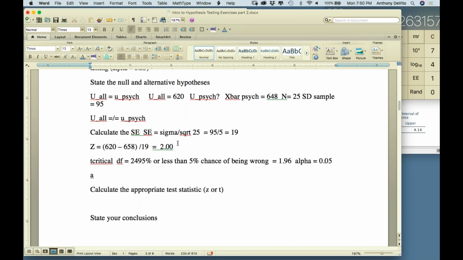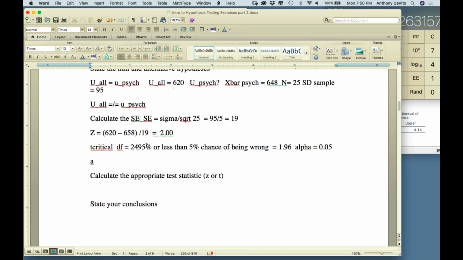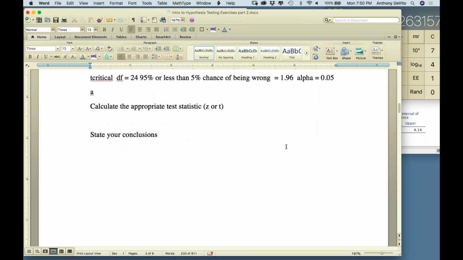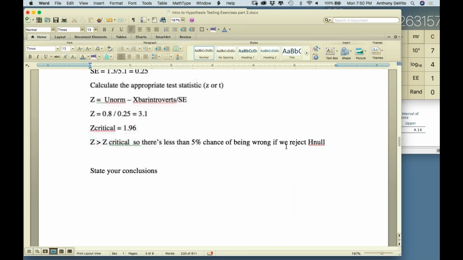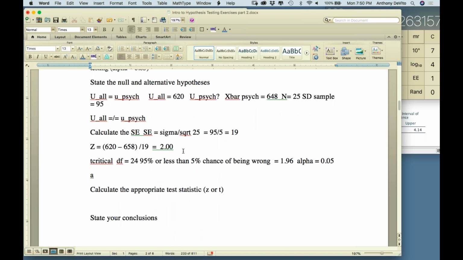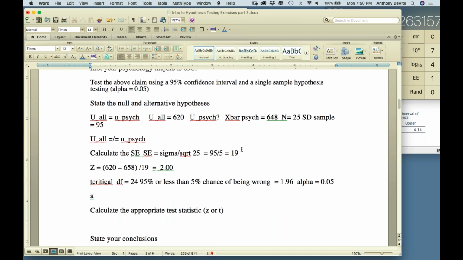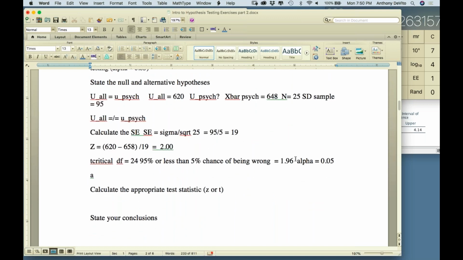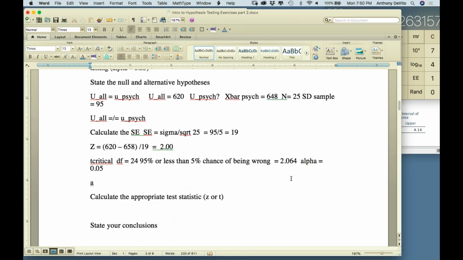So what is T critical now? T critical now, instead of being 1.96, is, you remember it, right? Equals 2.064. Okay, for alpha is 0.05, right?